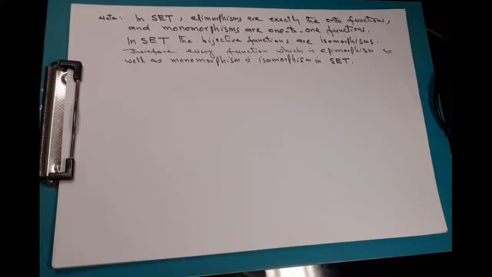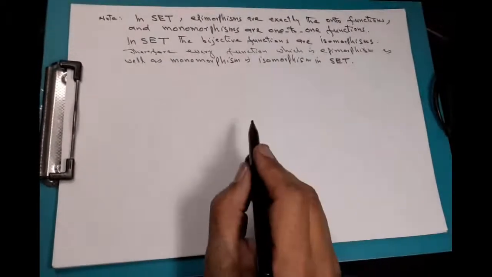This is only for the category of sets, that every function which is epimorphism as well as monomorphism is isomorphism, but in the category of sets. So let me write it.